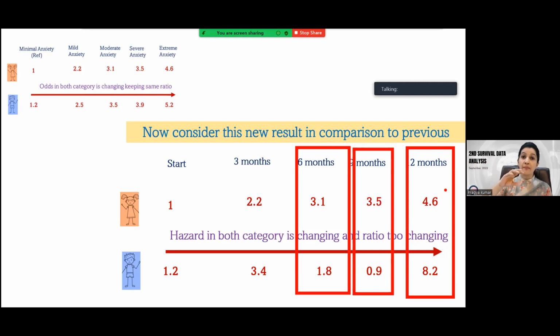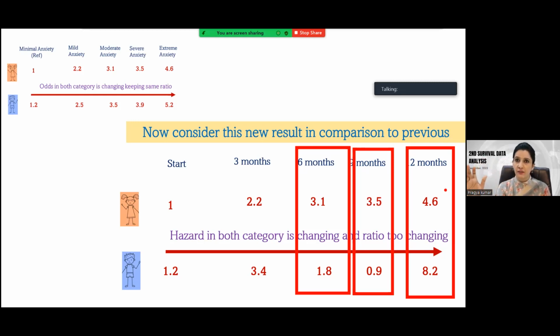There is a time-dependent covariate Cox model. That option is there in SPSS, but not in Jamovi. I will be discussing that and showing that time-dependent model also, in case you need it for your analysis. But the entire focus is on the Cox proportional hazard. That's why you need to check this proportional hazard assumption.